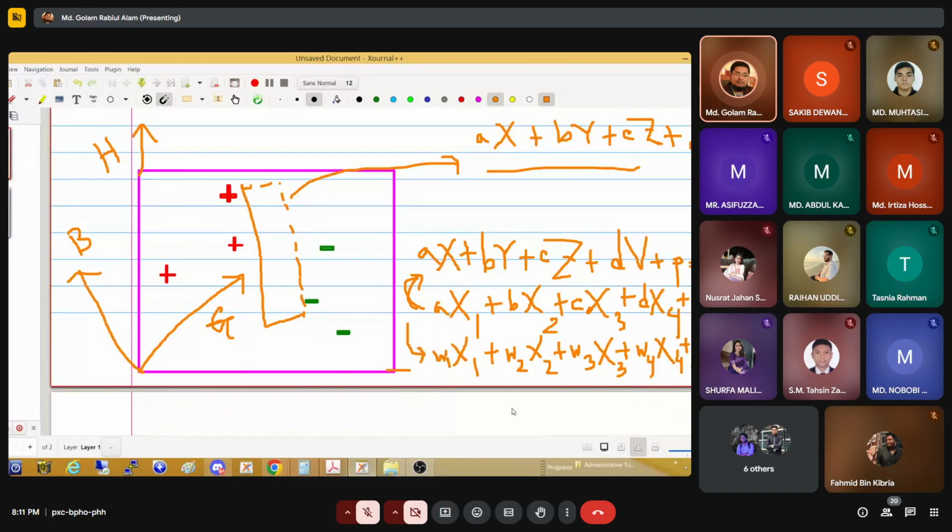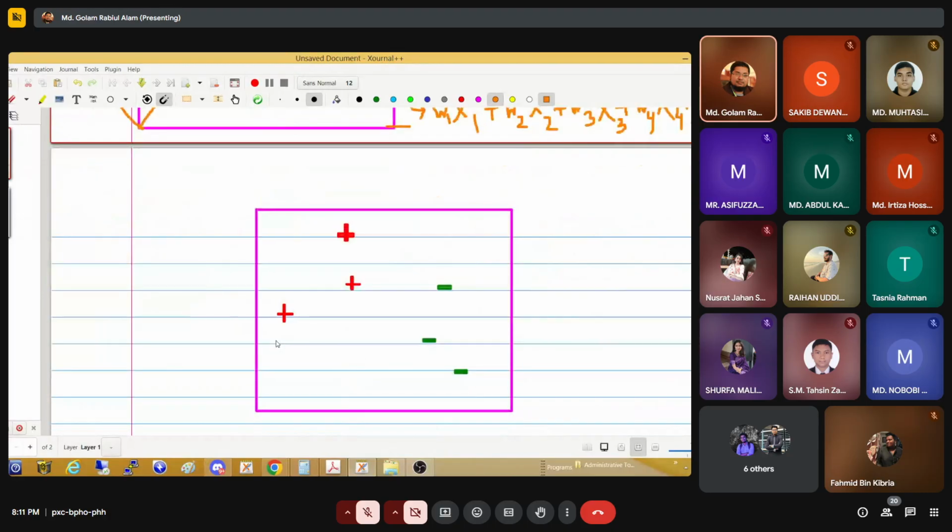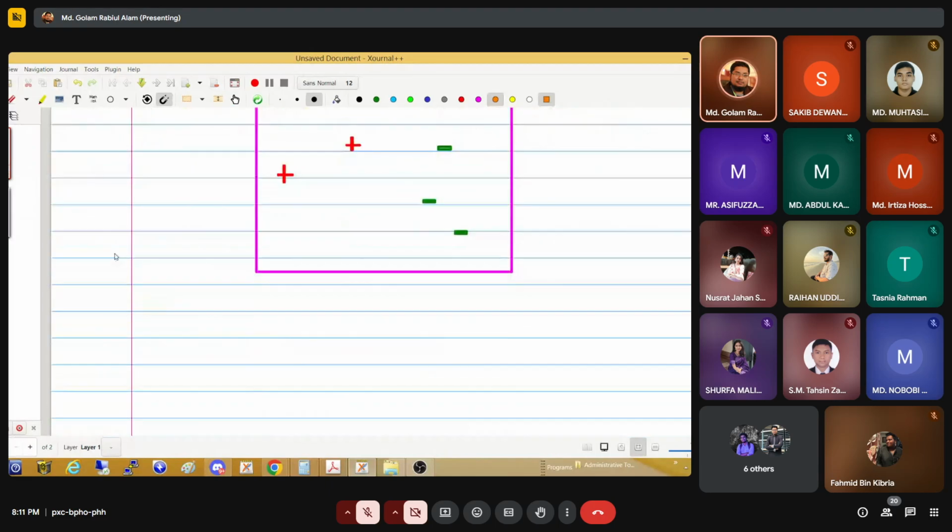Now we want to write the equation of the hyperplane in vector form. So if we want to write the vector form equation, consider that we have a vector W for the weights: w1, w2, w3, and w4.